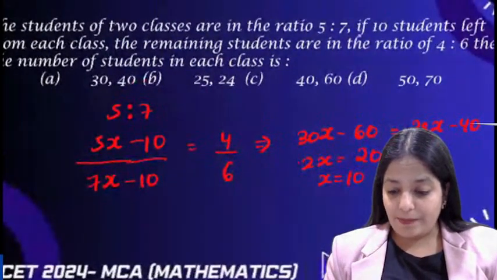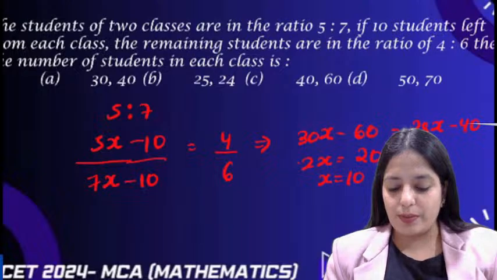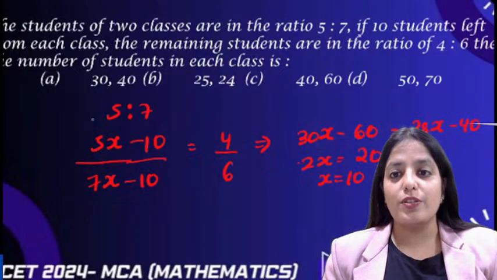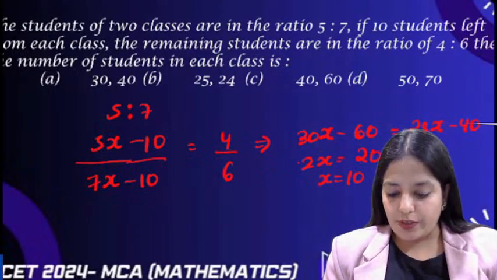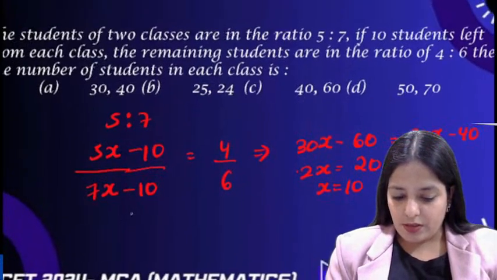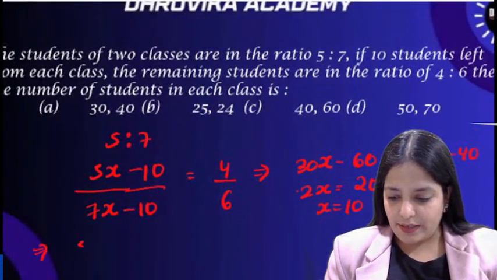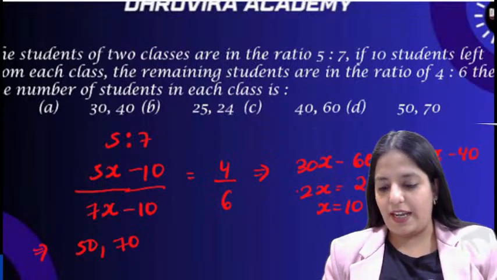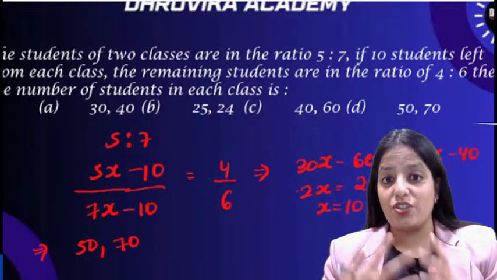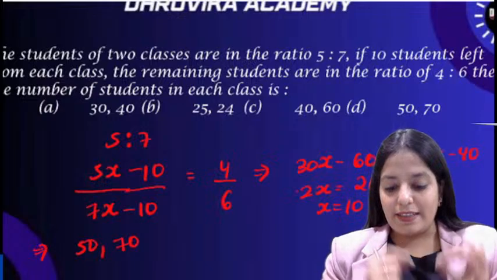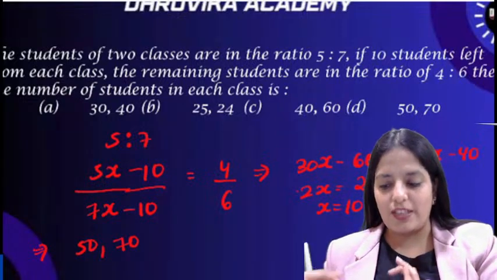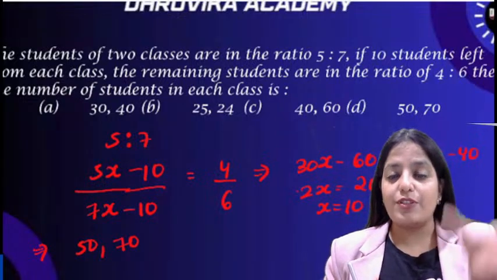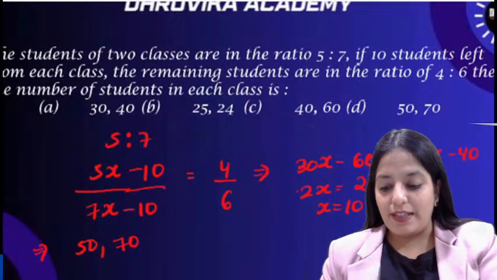So originally how many students will be there? We assumed the students would be 5x and 7x, so it would be 50 and 70, the original students. Now what are they saying? The number of students in each class is asked after 10 students have left.